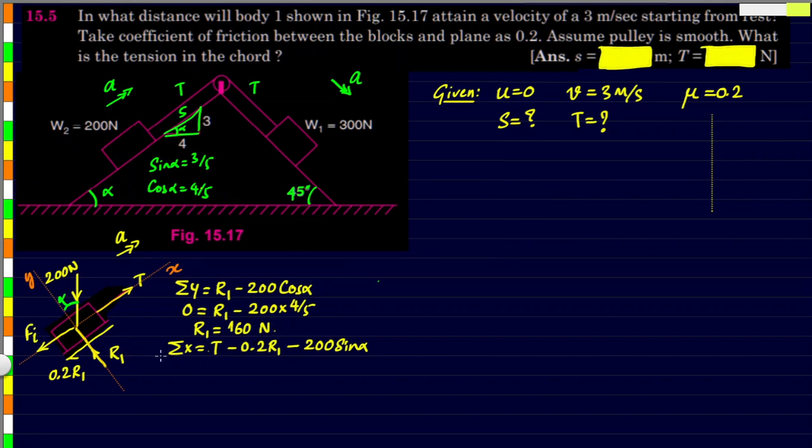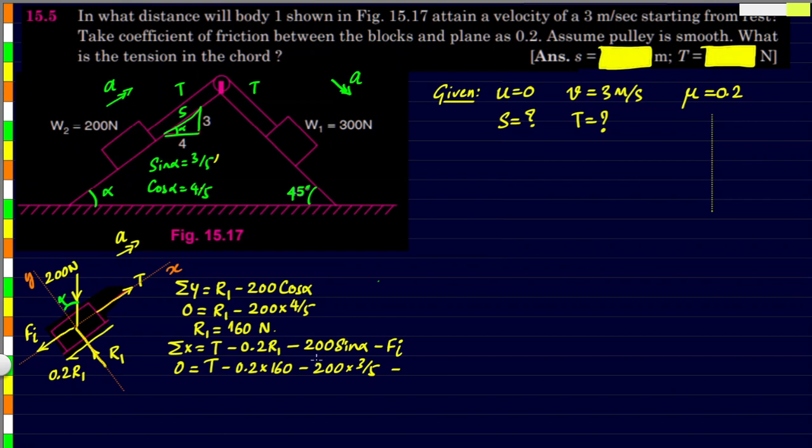So when you are taking the x components of all the forces, we will have to consider the inertia force, that is negative. Now let's substitute. Sigma x has to be 0 because we have considered the inertia force. Tension, keep it as it is, minus 0.2 times R1 we found, so let us substitute, minus 200 times sine alpha, which is 3 by 5, minus inertia force.